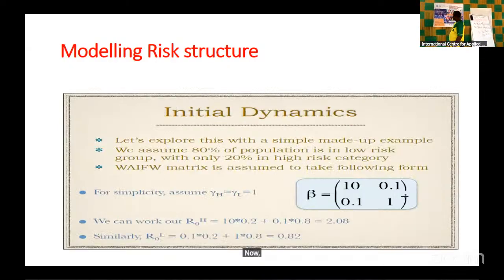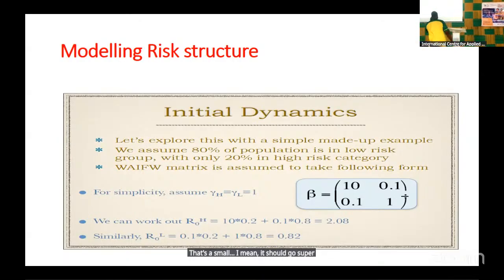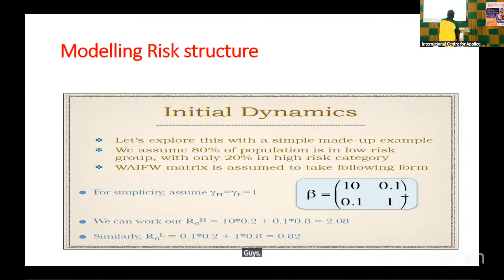Now, initial dynamics. Let's explore this with a simple example. We assume 80% of the population is in the low risk group, with only 20% in the high risk category. And then the WAIFW matrix is assumed to be of the following form.